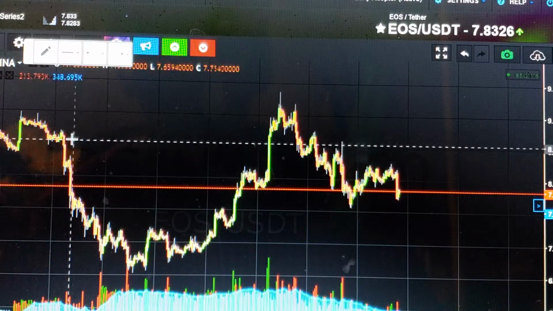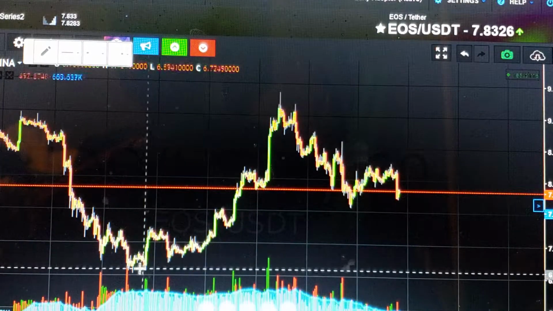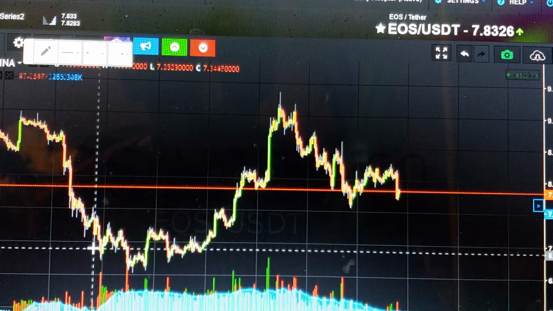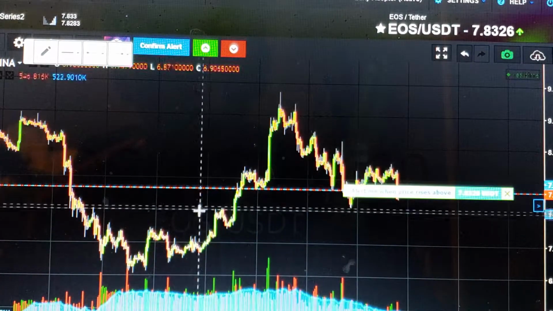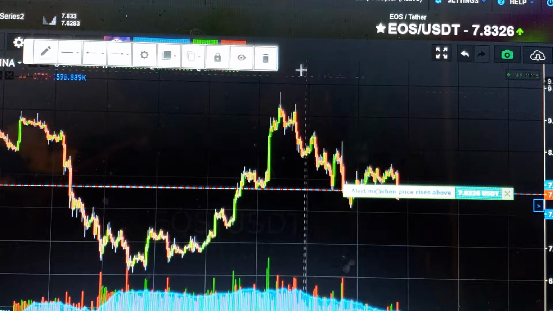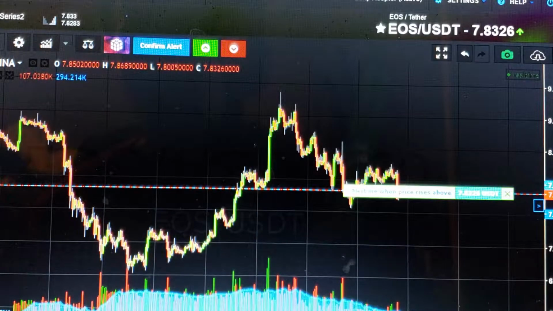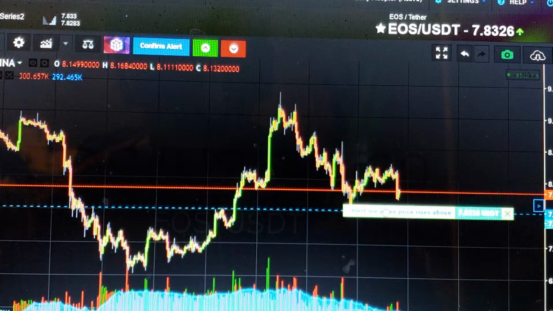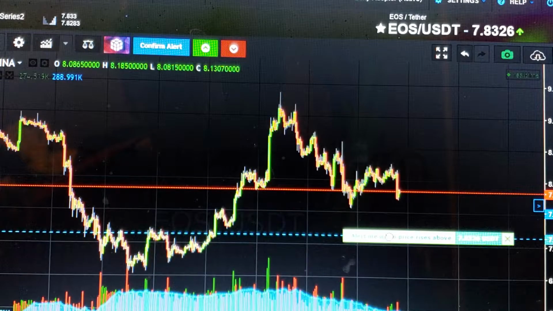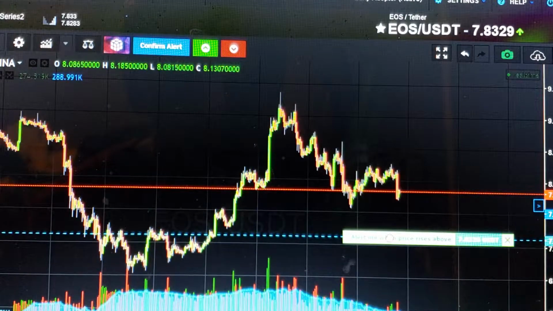The swing's in about a 6-day swing. We can set alerts. Well, I gotta get rid of the tool. We can set an alert right about there, right?